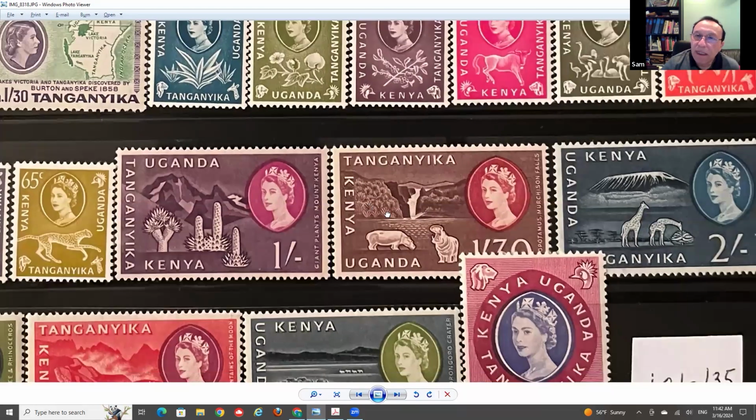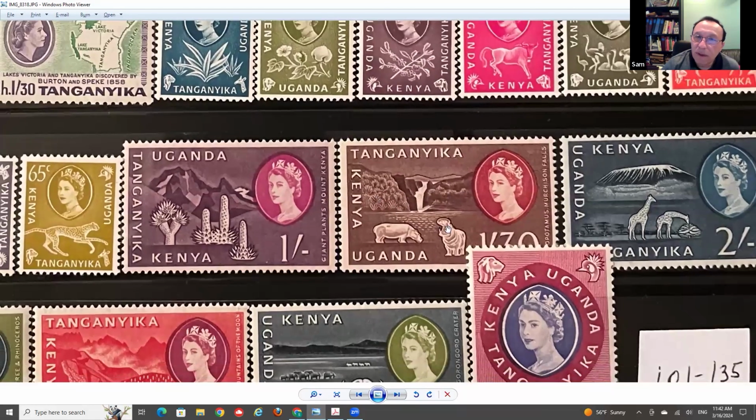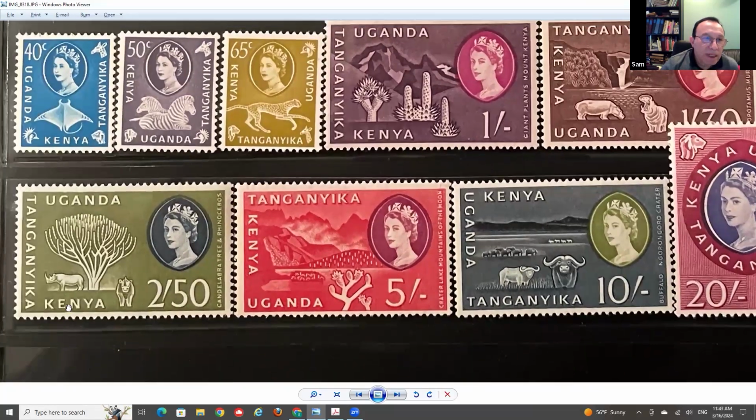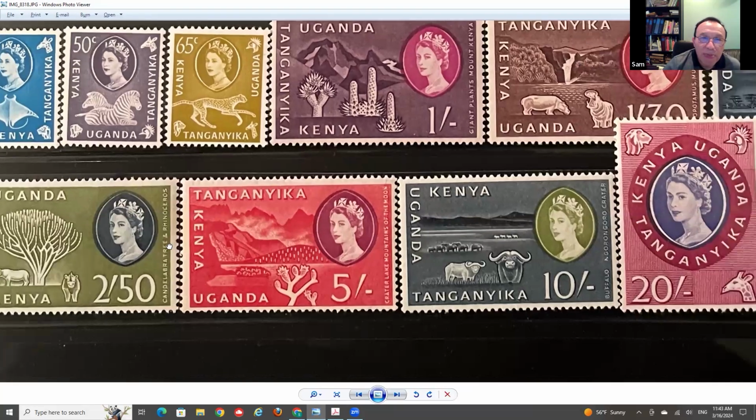Now, what is this? These are some waterfalls, hippopotamuses. This is Murchison Falls. And this is the Kilimanjaro and some giraffes. This tree is called the candelabra tree because of the shape, and with the rhinoceros.